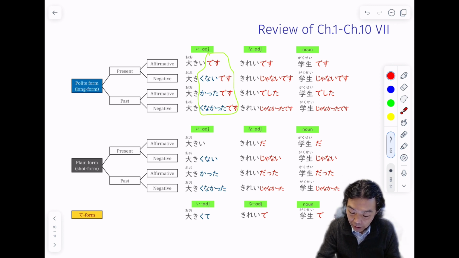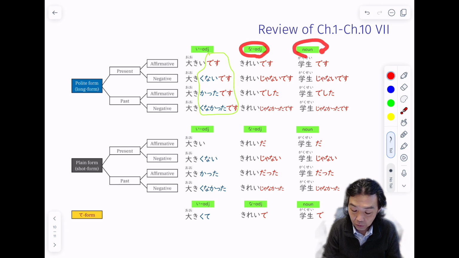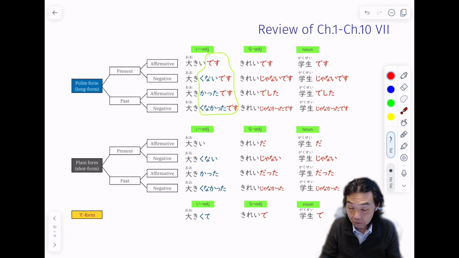Let's move on to nouns. And before we do, I just want to bring your attention to the adjectives and nouns. In Japanese, nouns also have different tenses, and they also have the polite form and the distinction between polite form and plain form. If you pay attention, these two actually behave exactly the same way with just one little exception.